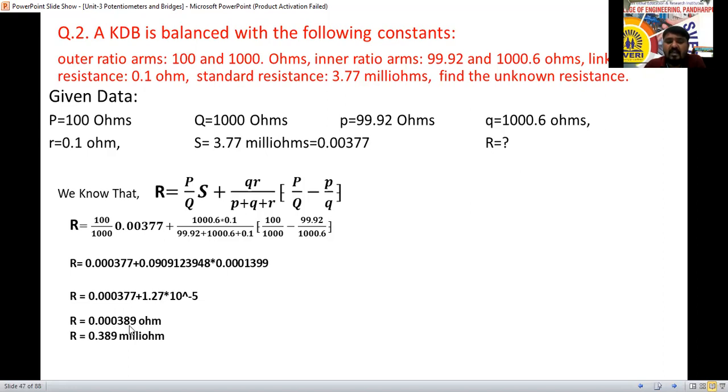Yes, that is 389 microohms, or 0.389 milliohms, or 3.89 times 10 to the power of minus 4 ohms, also a correct answer. How many of you got this answer? Raise your hand. 3.89 times 10 to the power of minus 4, or 38.9 times 10 to the power of minus 5, is also a correct answer. Only one person got the answer.